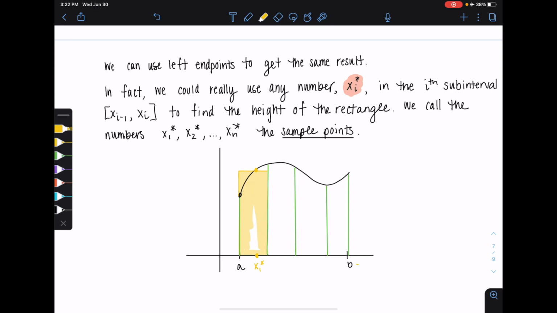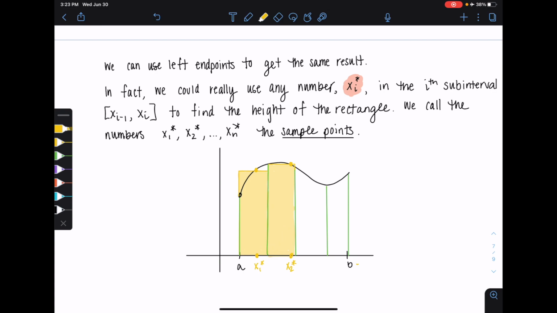So I can use this as my approximating point. I could pick something over here, closer to this endpoint, to get my sample point on my second interval. And so this would be what we use for our height. And we go ahead and find the area of this rectangle using our approximation.